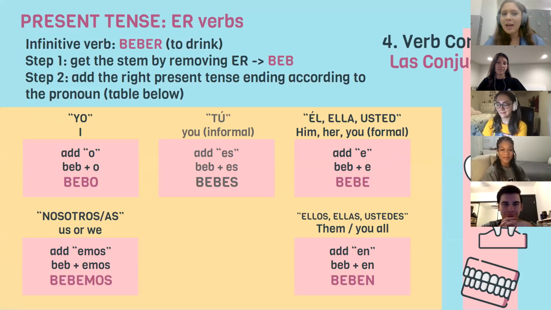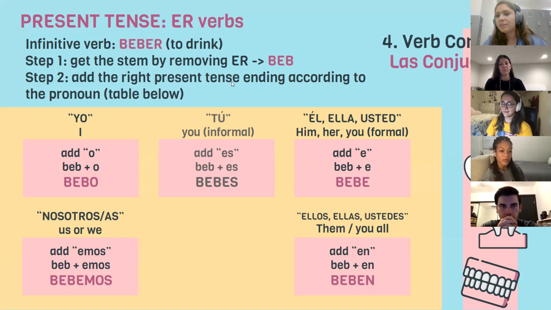Now let's look at beber in the present tense. Remember, because it's an ER verb, we get rid of that ending, and that will be our stem. Then we add what we need to get the present tense for the specific subject. Here is yo bebo.